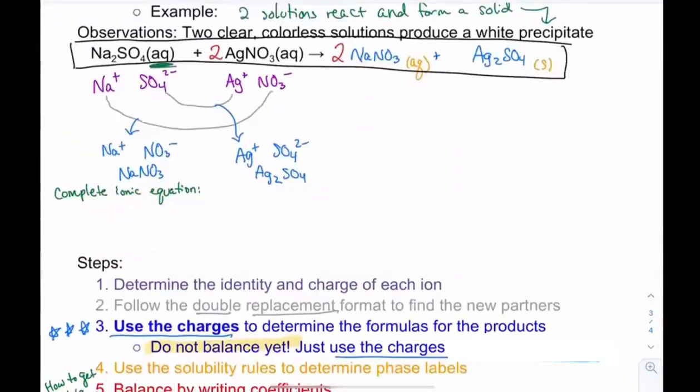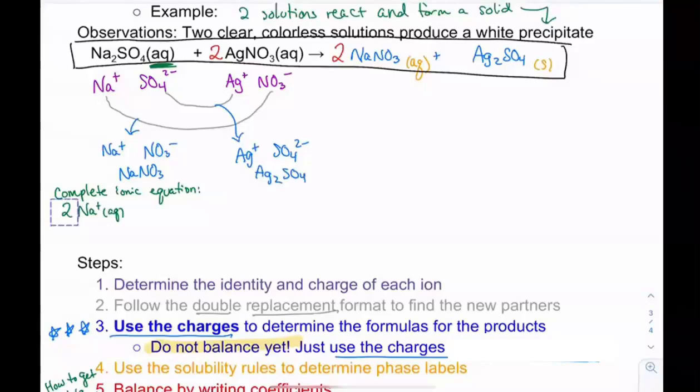So I'm going to take anything that's aqueous in my balanced chemical equation and rewrite it as ions. And I'm going to think about how this actually exists. So this compound actually exists as 2 separate sodium ions and a sulfate ion. The 2 sodium ions do not stay together because they are both positive. So I'm going to write this as 2 Na+ (aq).